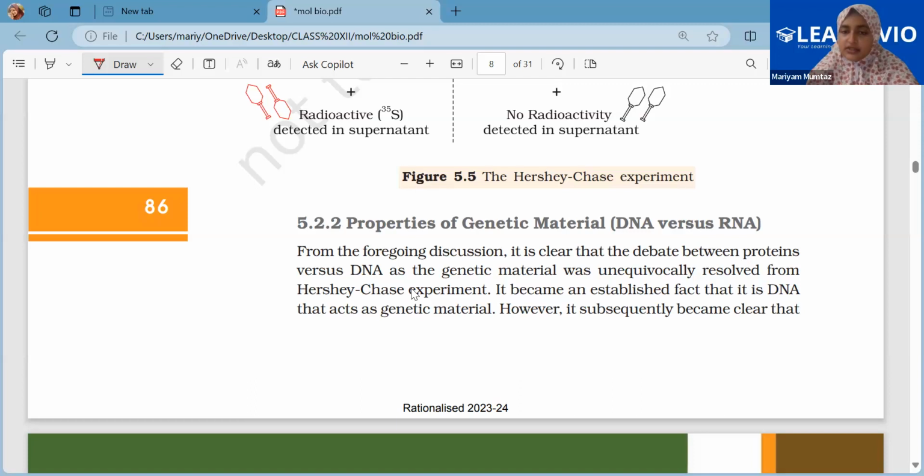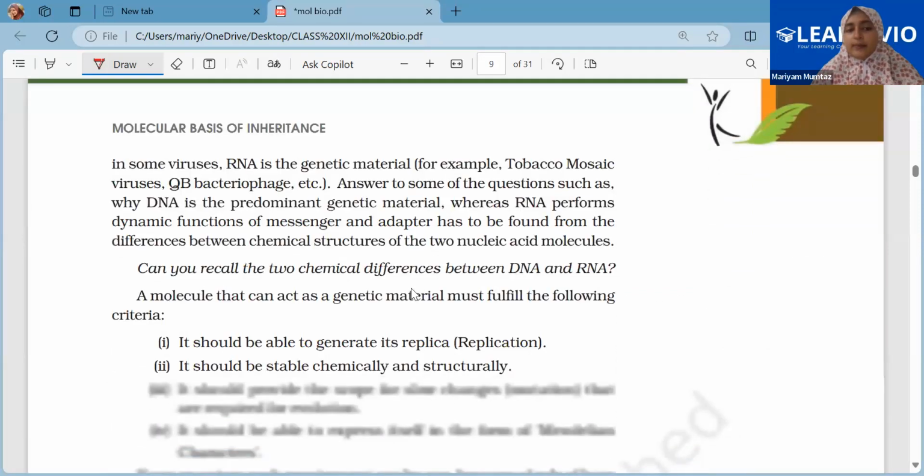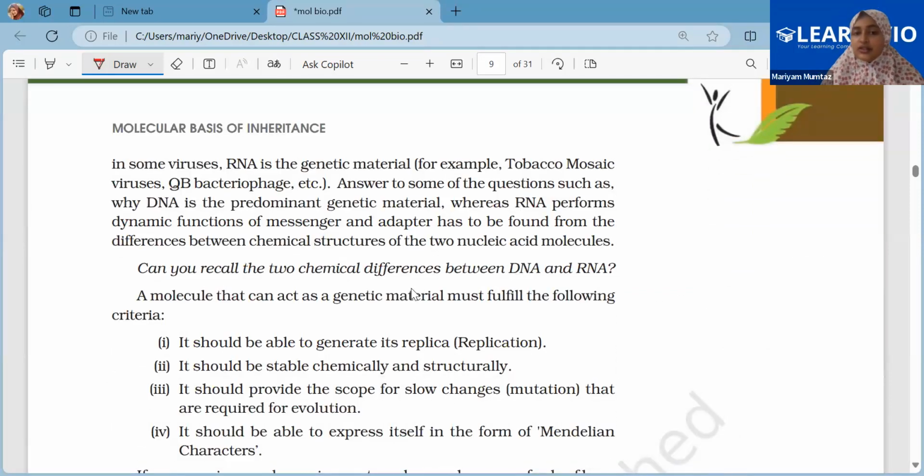From the foregoing discussion, it is clear that the debate between protein versus DNA as the genetic material was unequivocally resolved by the Hershey-Chase experiment. DNA won there. It became an established fact that it is DNA that acts as a genetic material. However, in some viruses, RNA was the genetic material.